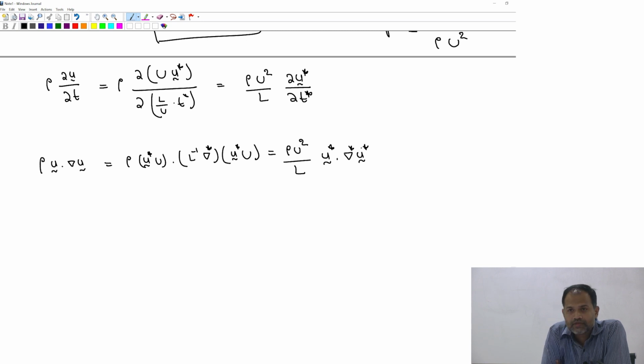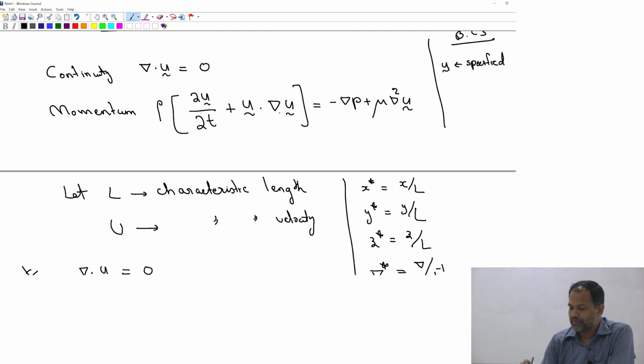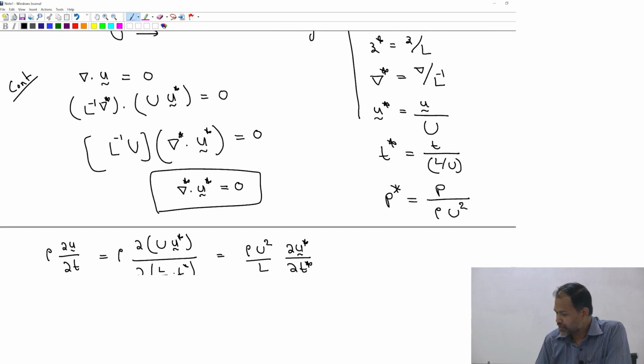Rho, so you're talking about the left hand side or the right hand side? Left hand side, it's just rho into u dot grad u, right? The second term is just rho times u dot grad u. Or if you are not comfortable doing this, we could do it in the Cartesian coordinates.